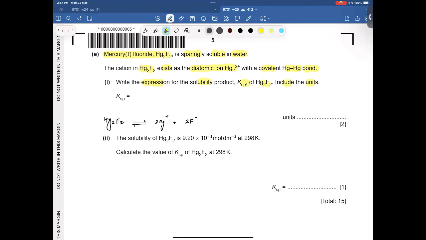So Ksp is basically the concentration of, oh, my bad. It's basically Hg2 2+.